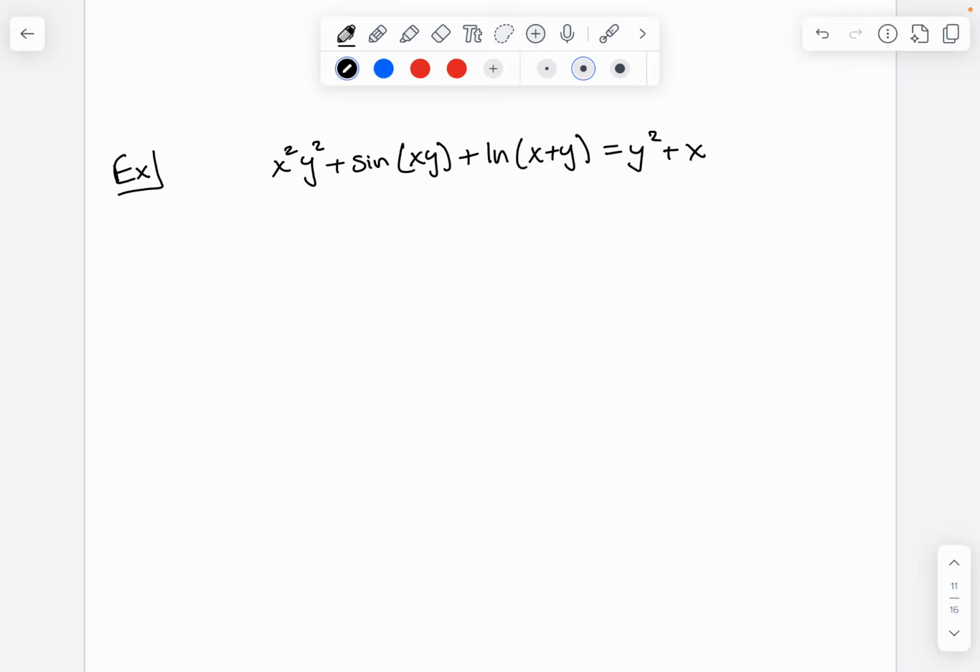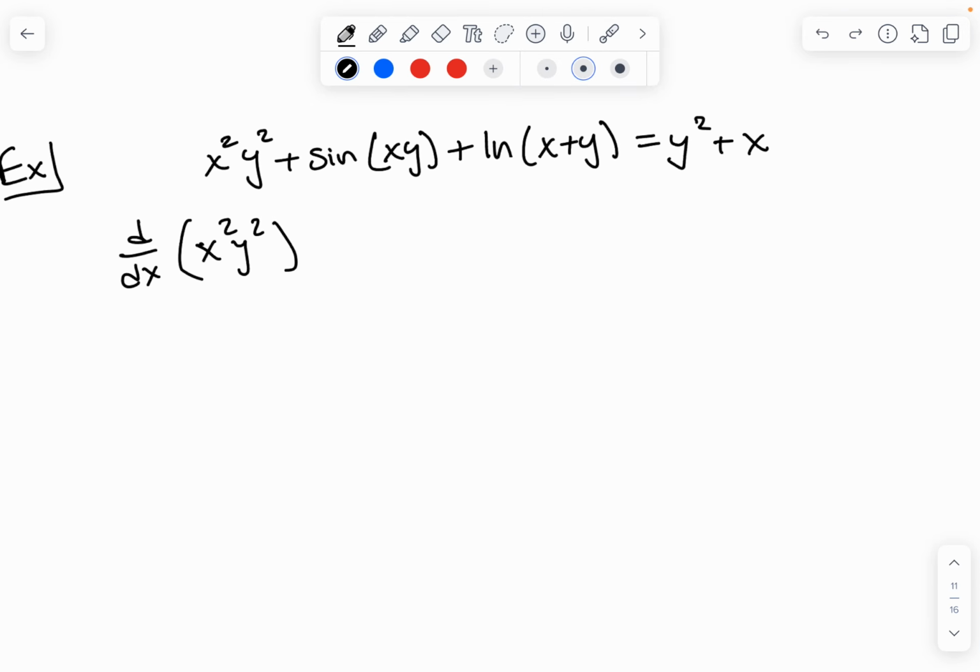First step, let's differentiate both sides with respect to x. So we have d/dx of x squared y squared. I'm going to expand the d/dx into every single term using the addition rule, so I'll skip one step.